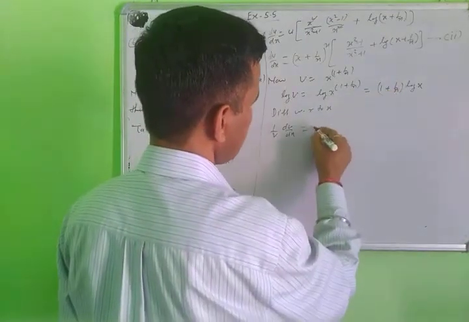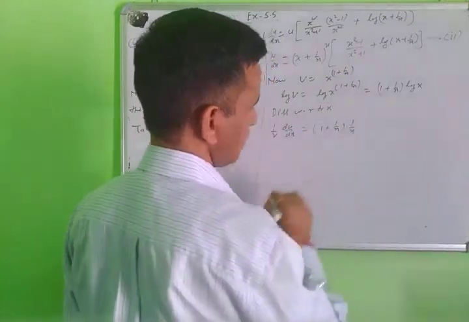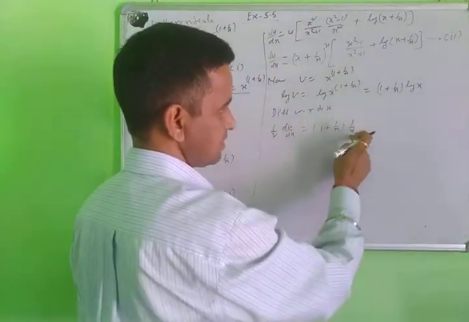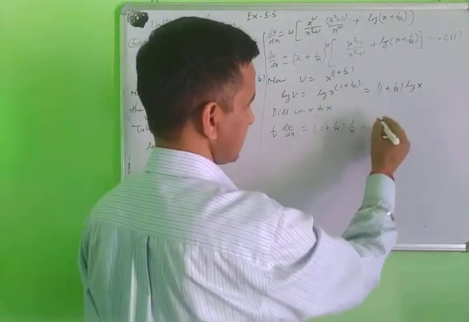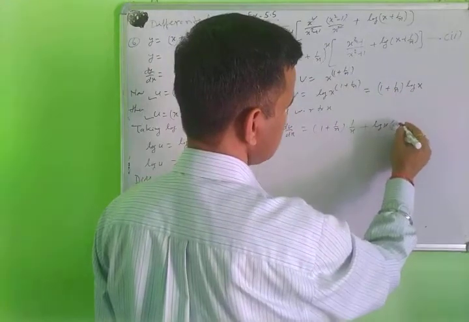Again the product rule: first function 1 plus 1 upon x times the derivative of the second function, log x, which is 1 upon x. Then the second function log x times the derivative of the first function, 1 plus 1 upon x, which is the derivative of 1 upon x, since the derivative of 1 is 0.